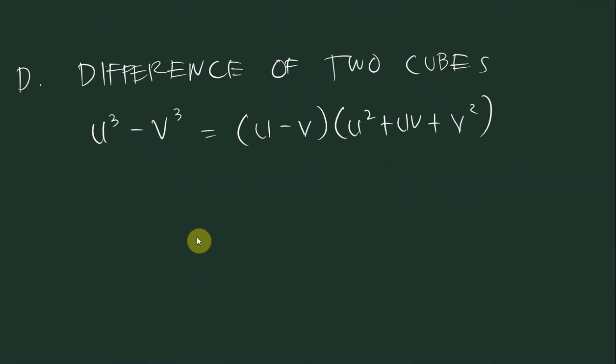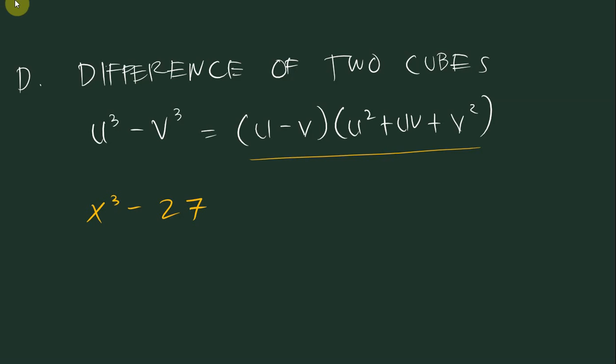Now what about the difference of two cubes? This is the form of the difference of two cubes. Once you've identified your u and your v, you can just follow this form. Let's say we have the example x cubed minus 27.